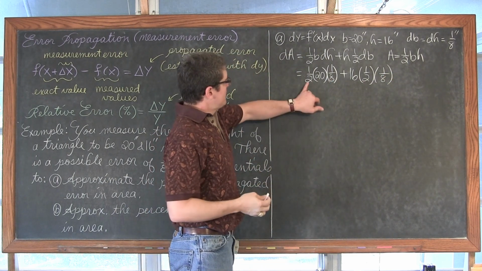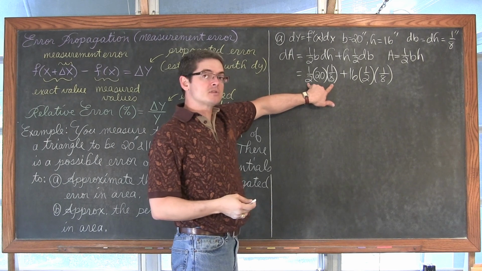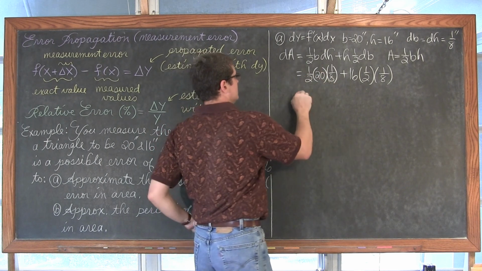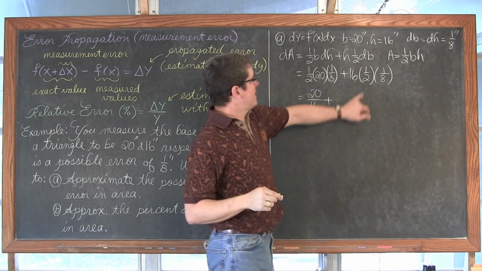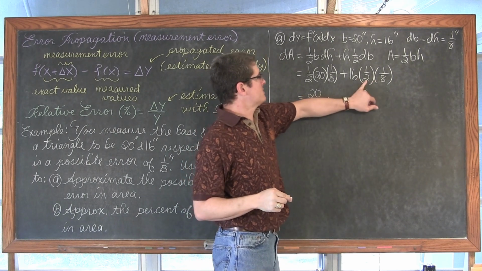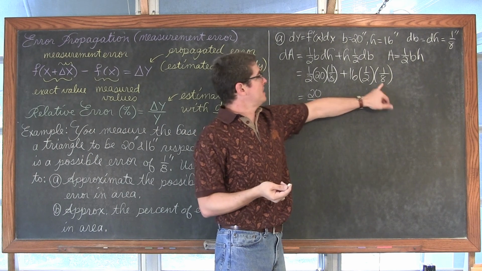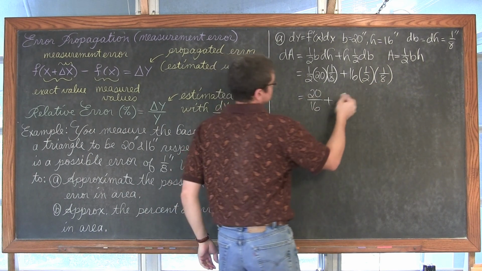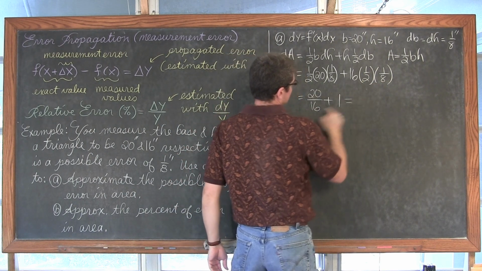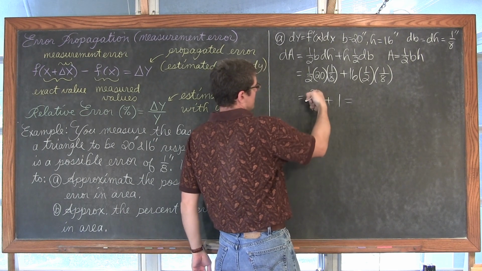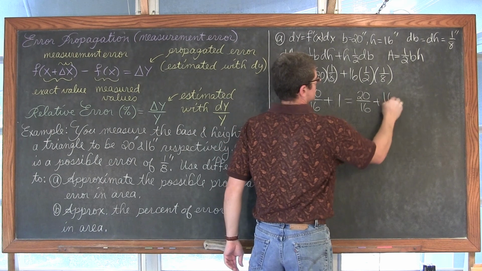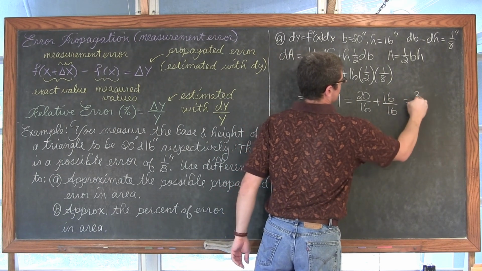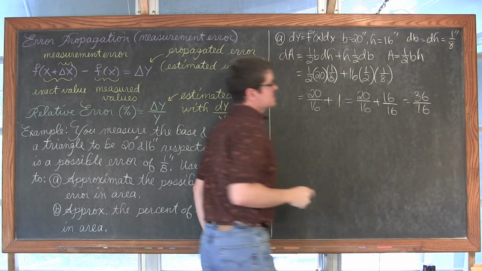And we have 2 times 8, which is 16, so we have 20 over 16, plus we have half of, well, 2 times 8 is 16, and 16 over 16 is 1. And that comes out to be, well, let's see here. This is going to be 20 over 16 plus 16 over 16, and that's going to be 36 over 16.